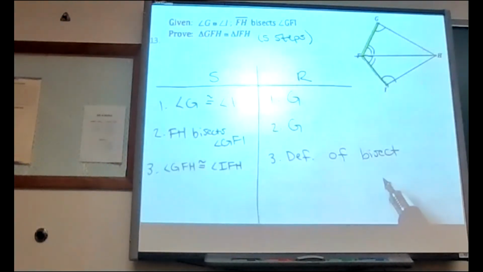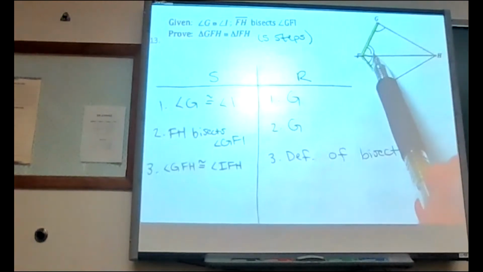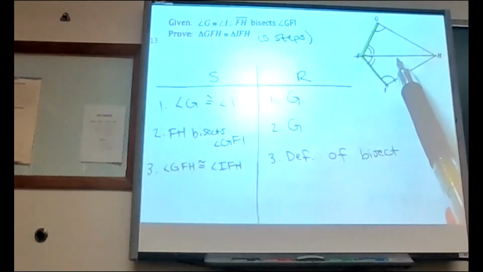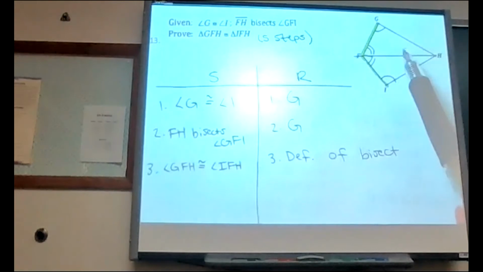This one's not going to work, is it? Angle G, like it's not going to give us one of our three cases. We can make it work, but it's going to give us angle side if we use reflexive property, which we can use, but we haven't gotten to yet.